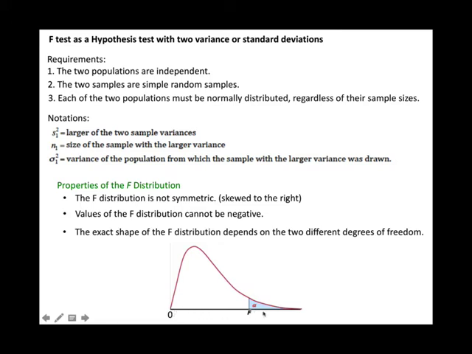And the shape depends on the two different degrees of freedom. If you are using the F distribution table, you need to find the degrees of freedom for the numerator and the degrees of freedom for the denominator. Changing the degrees of freedom will change the shape of the F distribution.